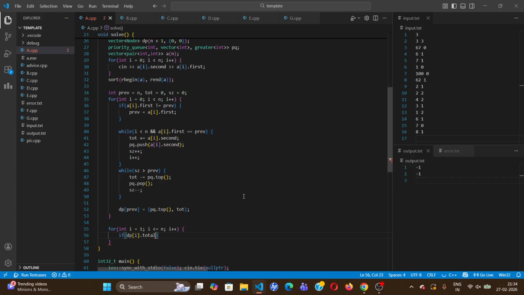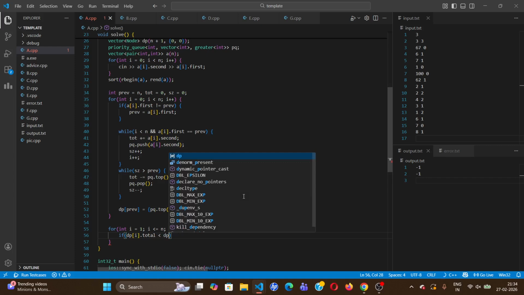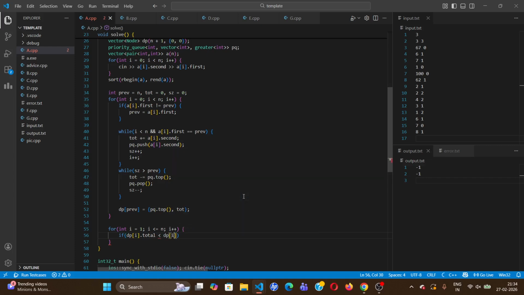Okay, now those things we can always make that. Yes, those things we can always make that. If it is less than, to increase the total.